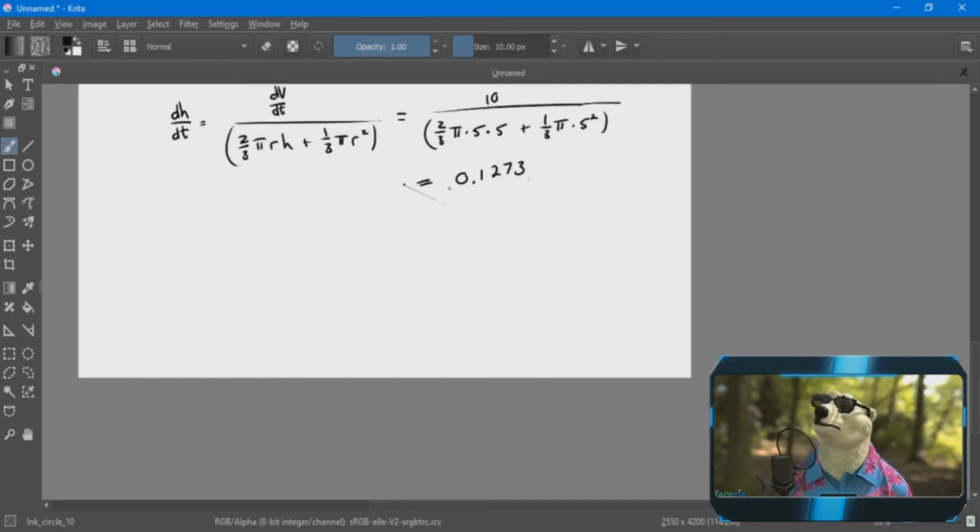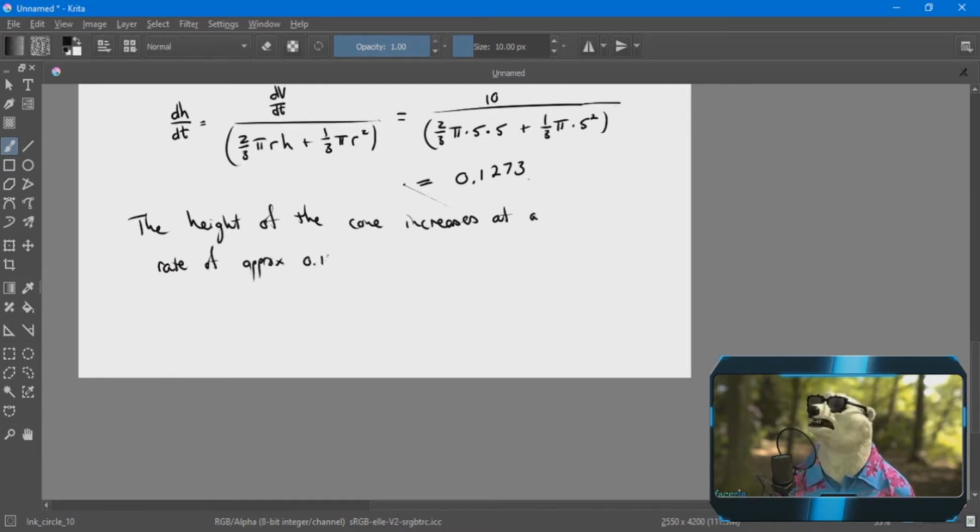So it's positive, which means the height does increase, and we can write our concluding sentence as the height of the cone increases at a rate of approximately 0.1273 meters per minute. And we are done. Let me zoom out.